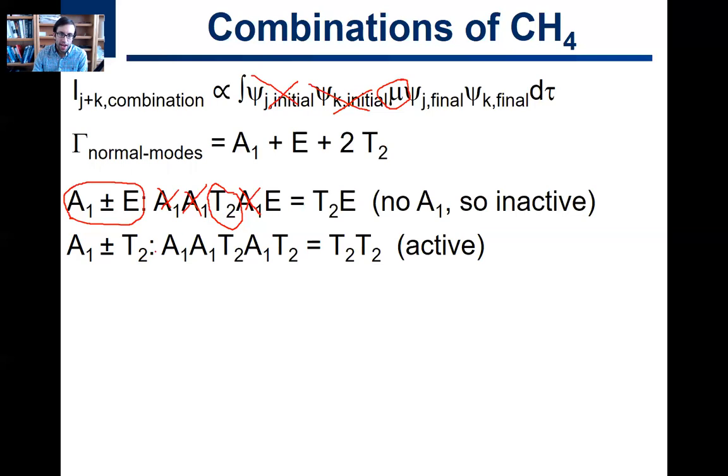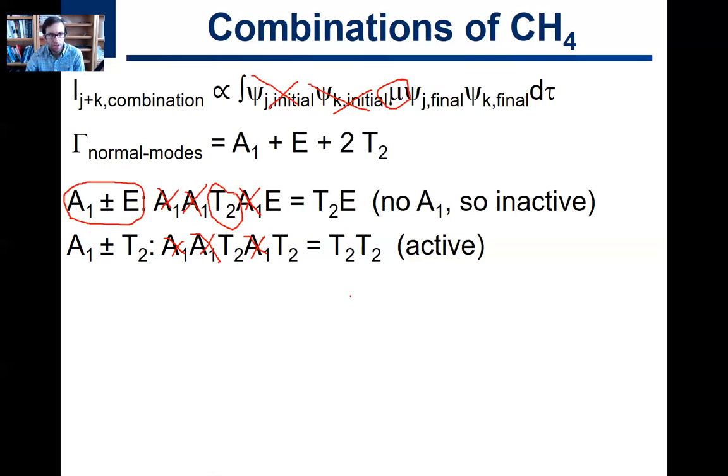All right, so we have our A1 and our A1 starting off from up here. Those we can get rid of. Then we have T2, that's our mu, our transition moment operator. Then we have actually what we're evaluating here, A1 and T2. And A1 times anything is just itself, so that gets rid of it. So we have T2 times T2. Again, I don't know what T2 times T2 is off the top of my head.